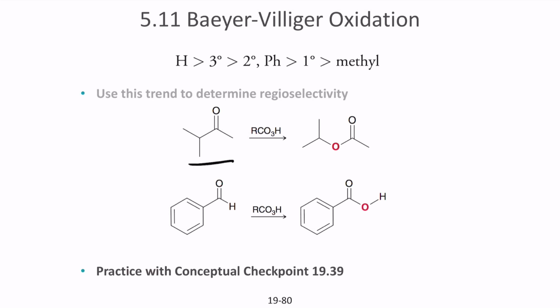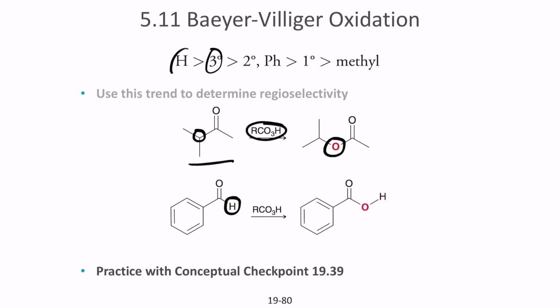So using this trend, how do we determine the regioselectivity? Let's take a look at this compound here, in the presence of a peroxy acid. Where should the oxygen go? The oxygen always goes towards the side that has a tertiary carbon. Notice that this is a tertiary carbon, so that's why the oxygen will end up going towards that side. In the second example, on the other side you have a hydrogen.